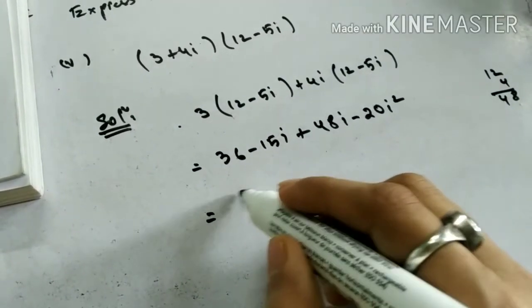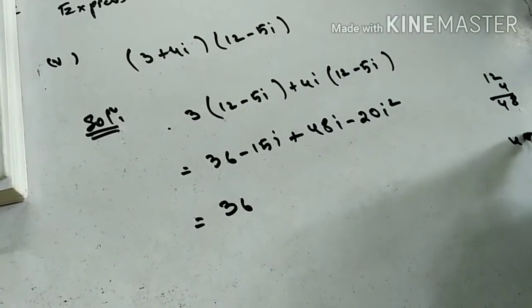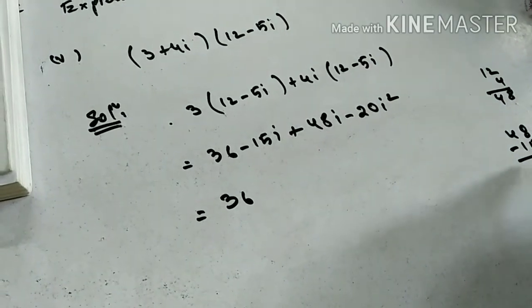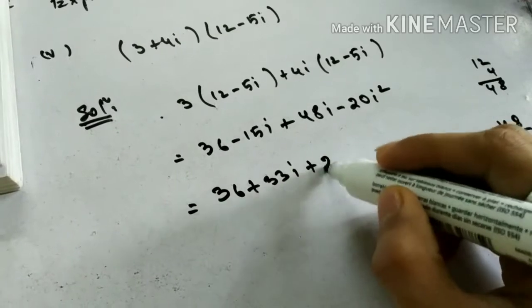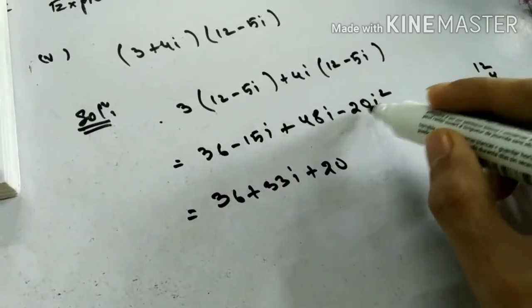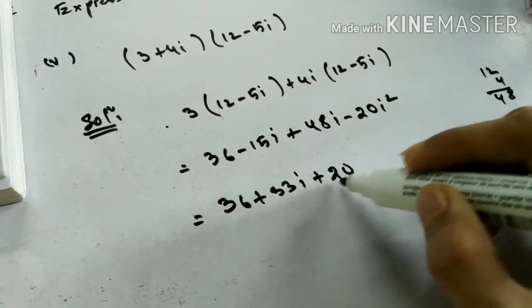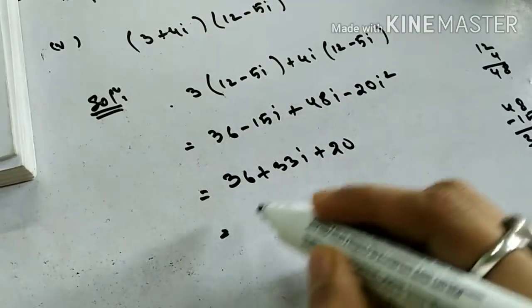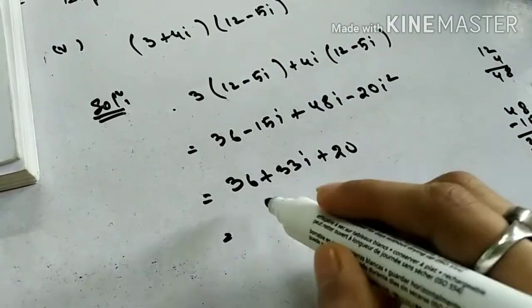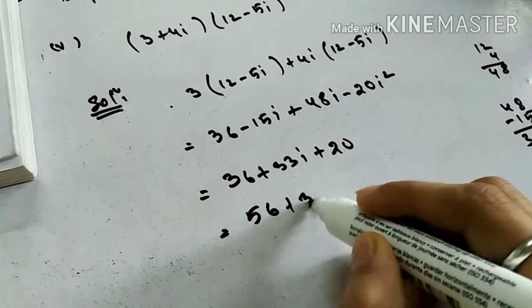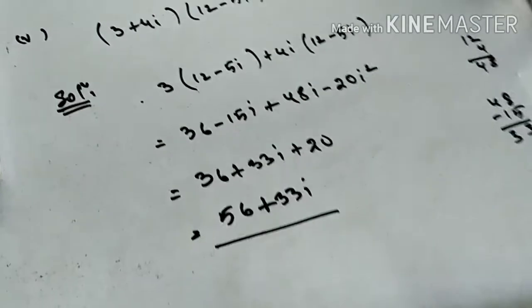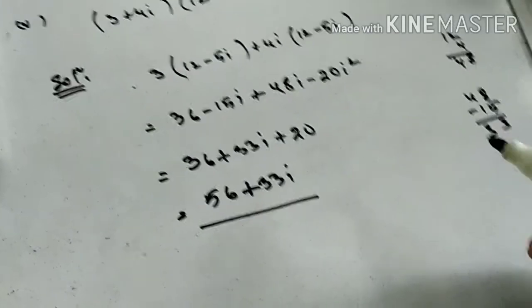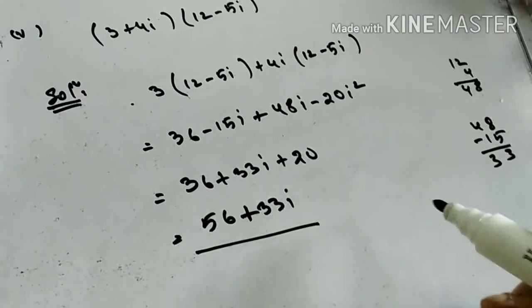So this again becomes 36, 48 minus 15 is 33i, plus 20, because i square is minus 1, so minus 20 into minus 1 becomes plus 20. So now 36 plus 20, I will get 56 plus 33i. This is again a plus ib form.